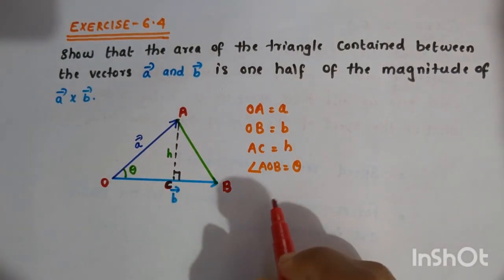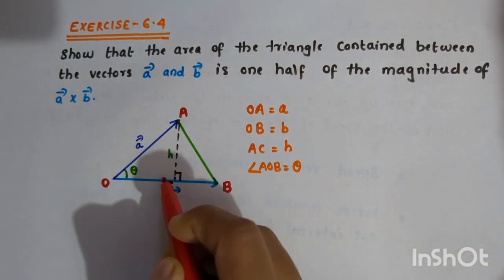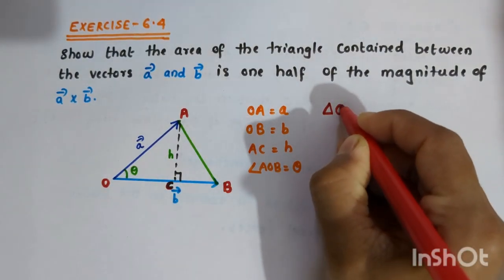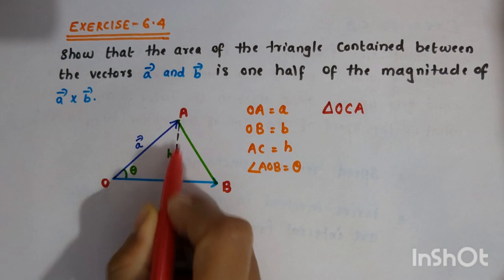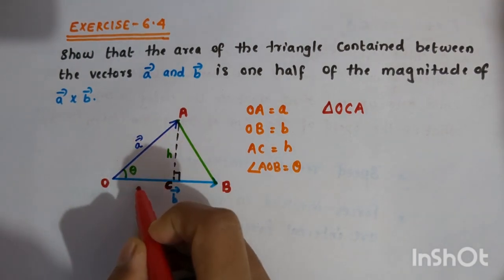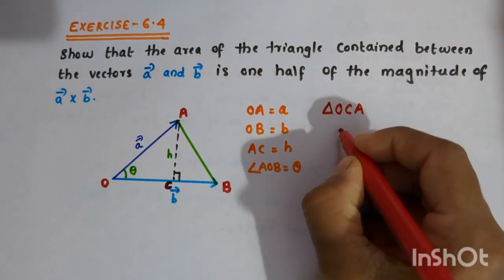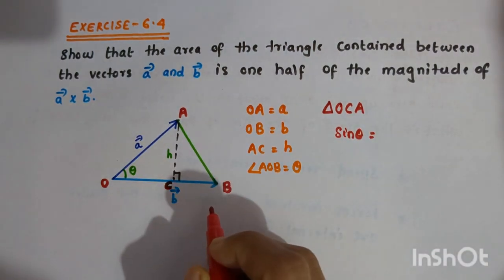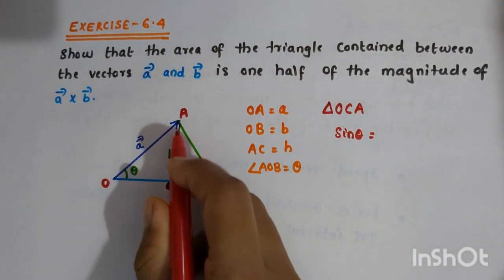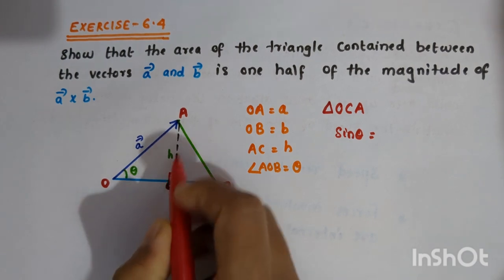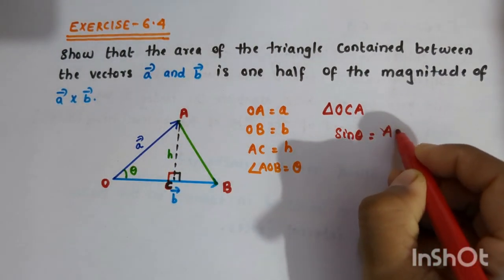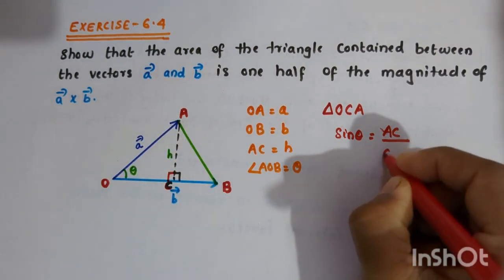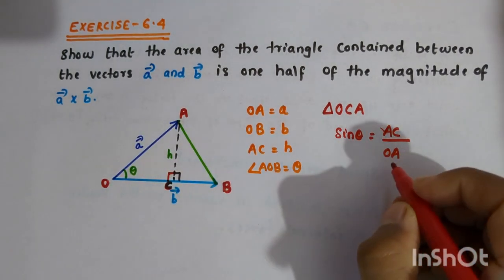Now, let us consider triangle OCA. In this triangle, sin theta equals opposite side by hypotenuse. The opposite side is AC, because this is a right angled triangle, and the hypotenuse is OA.